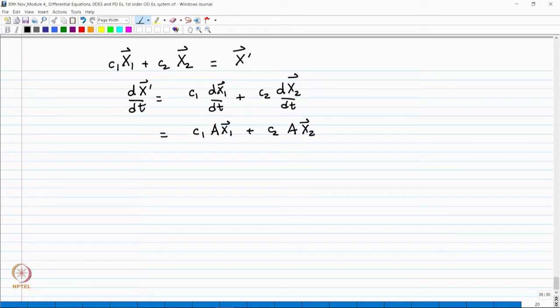Now, A is a matrix, and C1 and C2 are scalars. So, I can take the A in front and write it as A times C1 x1 plus C2 x2.